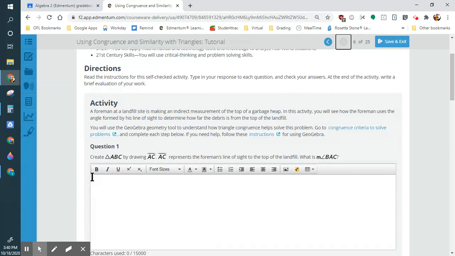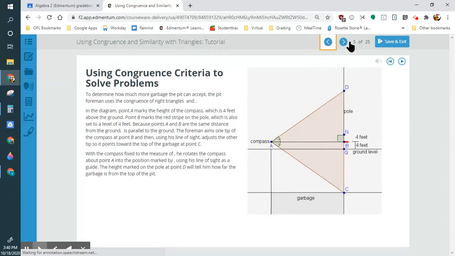A foreman at a landfill site is making an indirect measurement of the top of the garbage heap. In the activity, you will see how the foreman uses angles formed with the line of sight to determine how far the debris in the landfill is. So that idea of the pit that we saw, I'll just go back here.